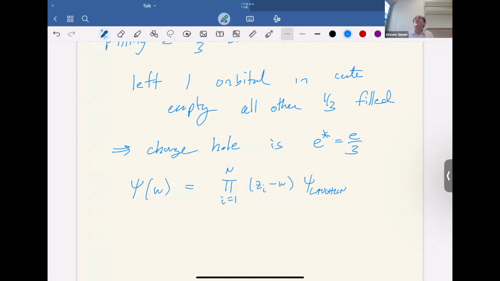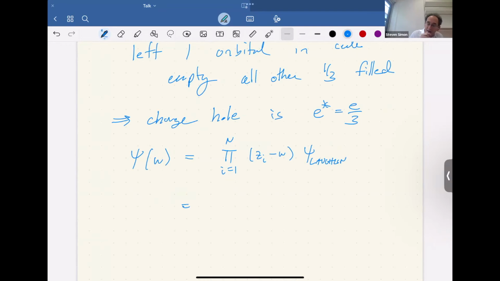So I can put defects at any position I like in the system, and I can even make multiple defects: the product over i equals 1 to N of z_i minus W1, z_i minus W2, times psi Laughlin. And I can put these defects anywhere I like.